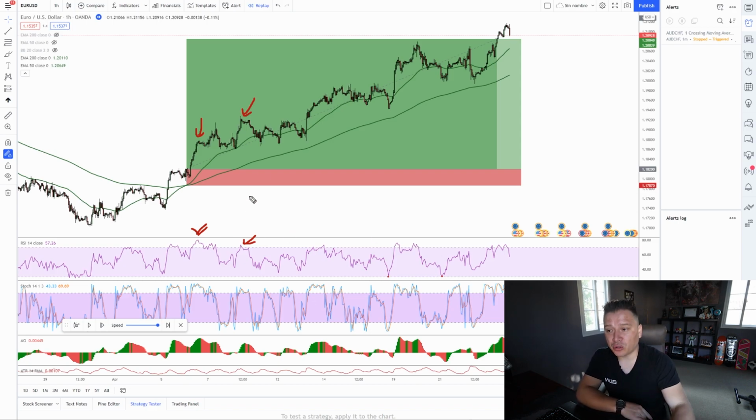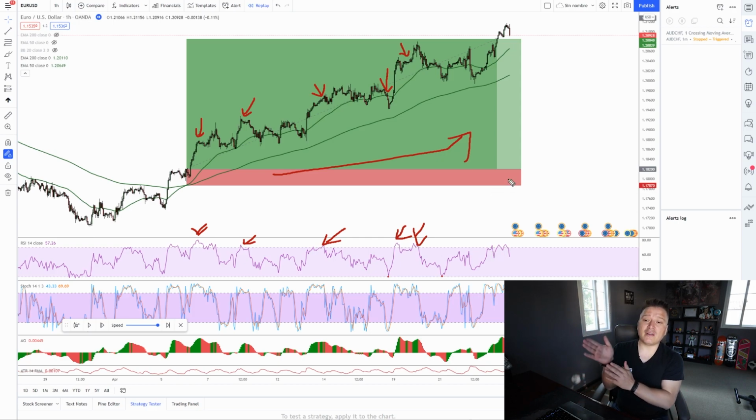Because since it's an uptrend, what the RSI is looking for is small retractions, such as this one right here, this one right here. Here we have another one, which is around right here. A very small retraction. Here's a pretty strong one, and you can see that this was this retraction. Here's another one, and it's this one right here. But none of them actually brought the trend back down.